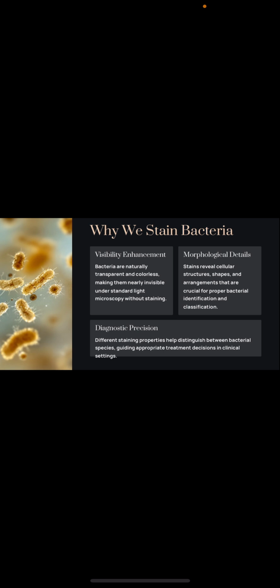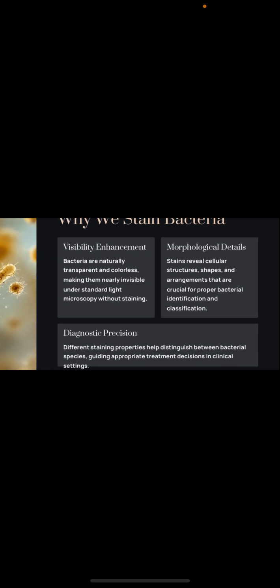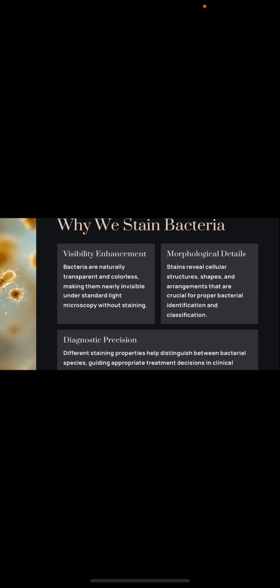visualize microorganisms. The second reason of staining any bacteria is morphological details. As I said, staining also reveals cellular structure, shapes, and arrangement that are crucial for proper bacterial identification and classification. Without staining, we won't be able to identify the shape, structure, or the arrangement of any bacteria, because nothing will be possible under a microscope.